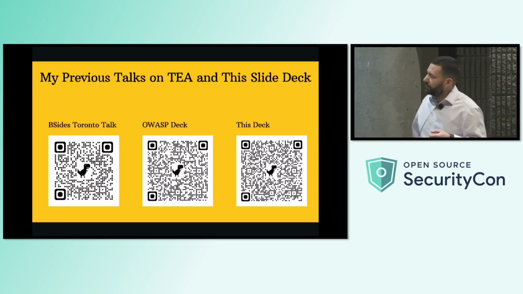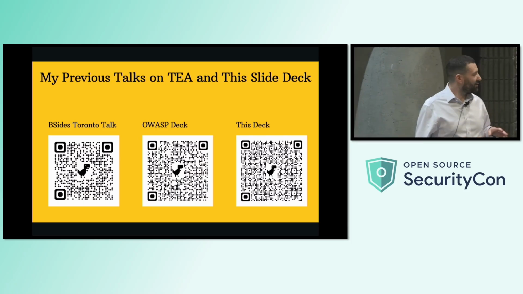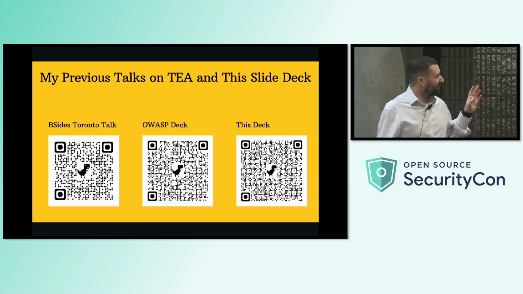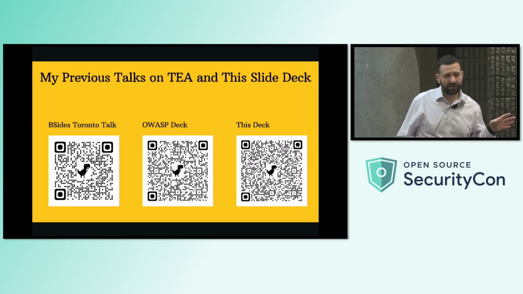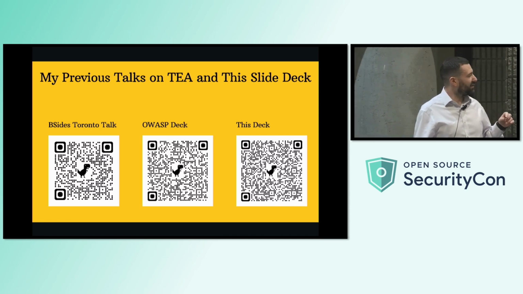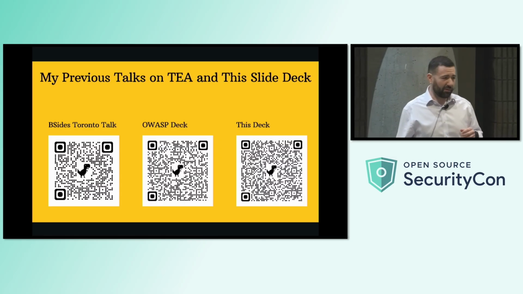Before I go any further, I put up this slide with 3 QR codes. The first one is my initial talk on the subject, which has a lot of motivation and introductory information. The second is a deck from my talk at OWASP Global AppSec.